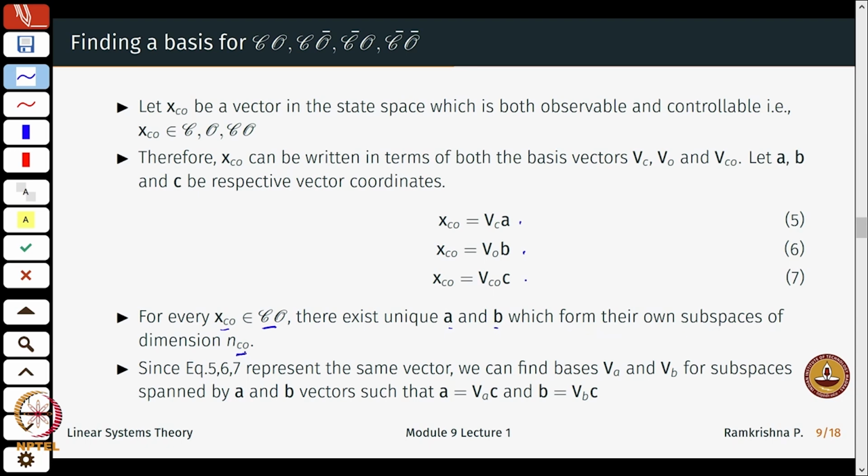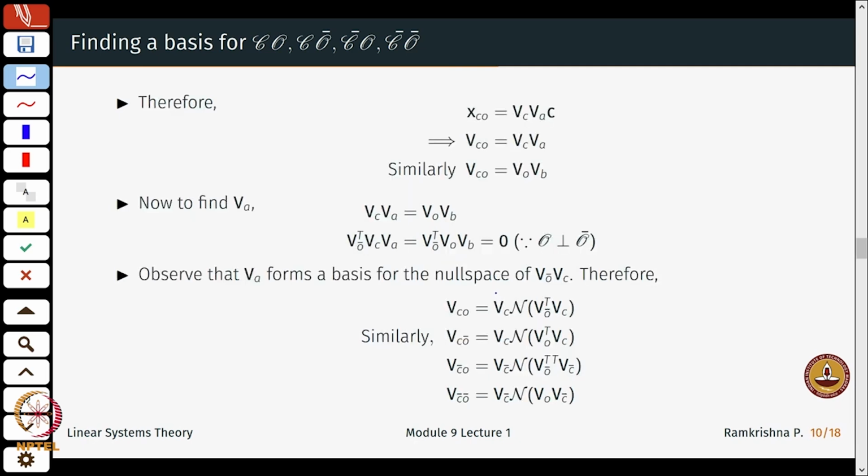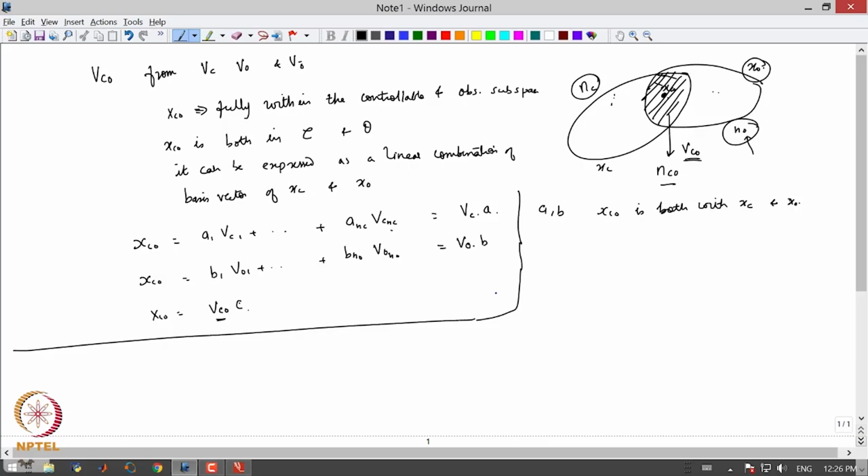So, this dimension is the dimension of this subspace which is both controllable and observable, and these are all the same vectors xc naught, which is vc times a, vo times b and vco times c. These are all the same vectors. Now, can we find again the basis for VCO? That is what we will do right now.